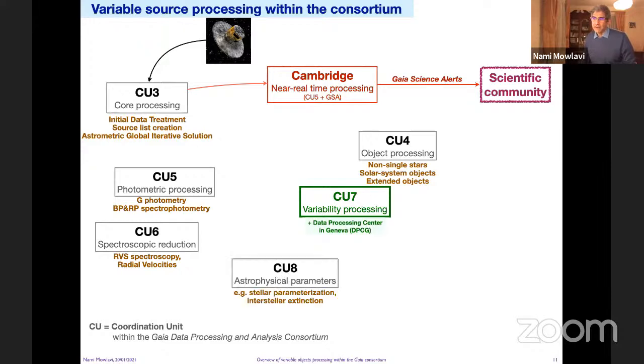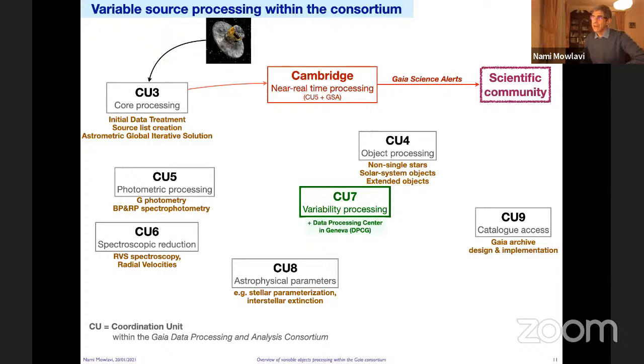You have CU8, which deals with the astrophysical parameters, which takes the spectroscopy and other photometry and other data, and gets the stellar parameters, interstellar extinctions, and parameters like these.